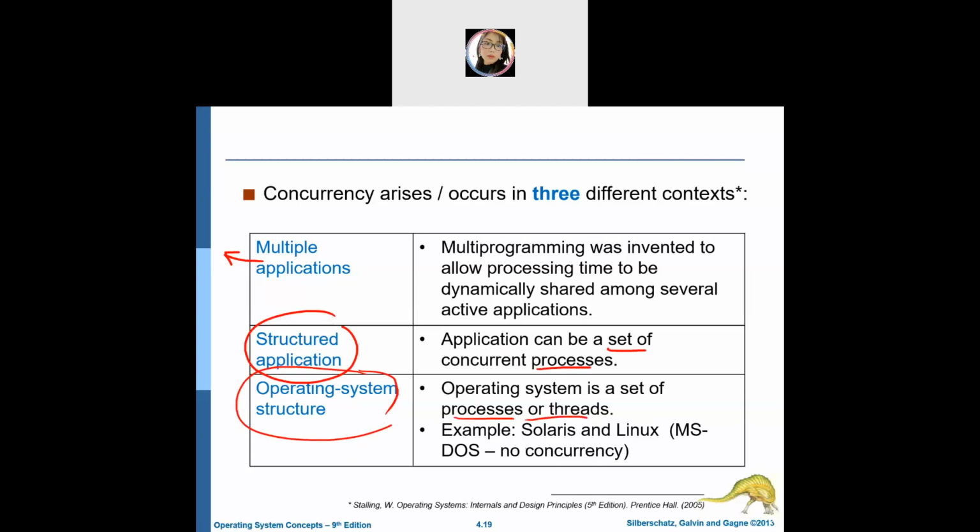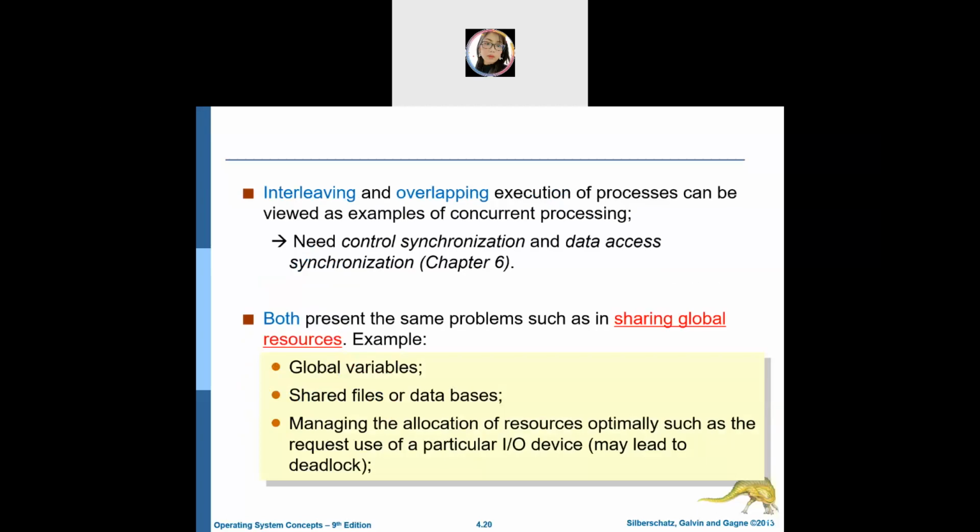So this is an example of an operating system structure. And in terms of this segment, interleaving and overlapping executions of processes can be viewed as an example of concurrent processes.